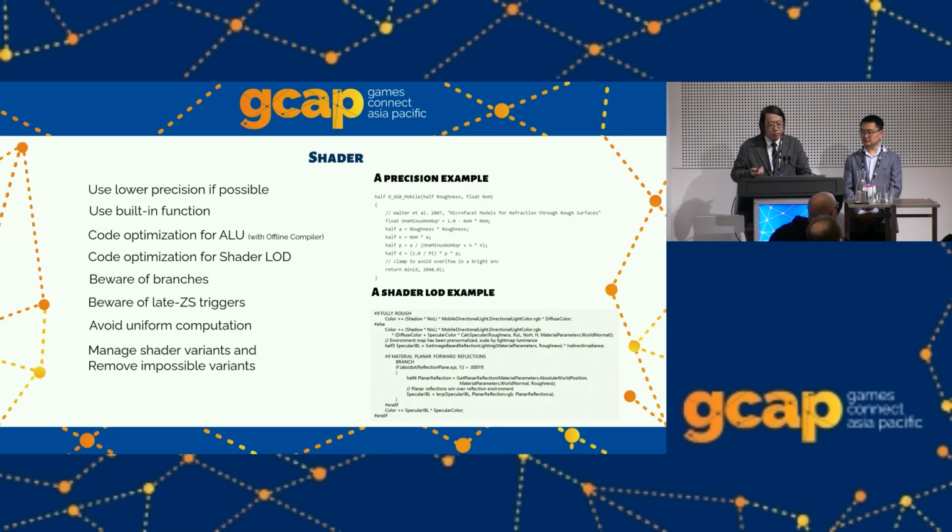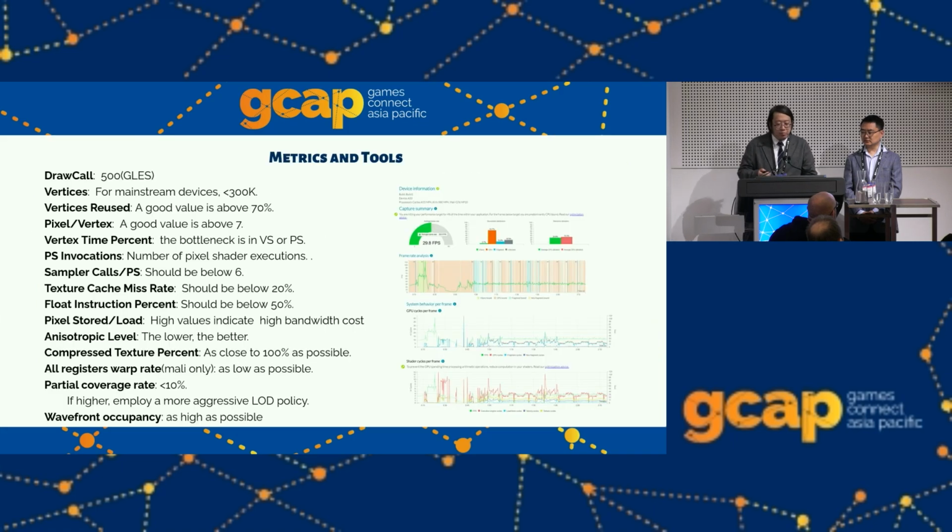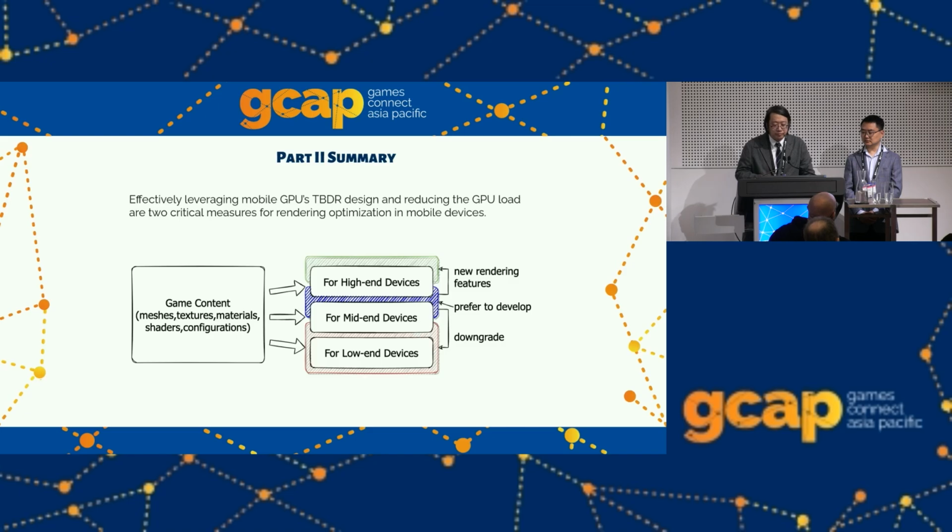Additionally, it's important to manage the number of shader variants. Here are some metrics we should ensure as much as possible based on the actual condition. In practice, we need to use GPU analyzer tools like ARM Performance Studio for tracking and adjustment.